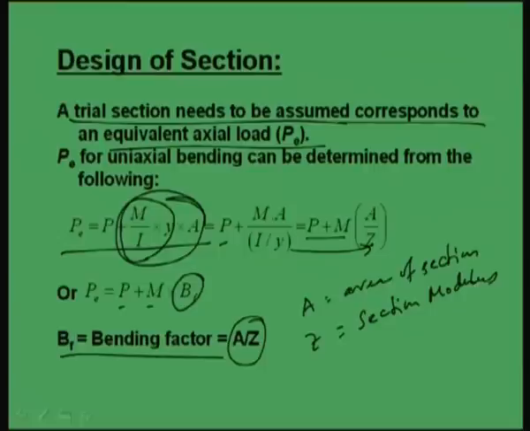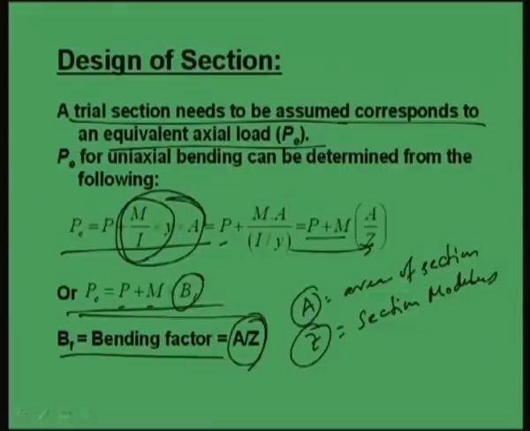Okay. So if we know the member properties, if we know the particular section, then we know A by Z, then we can find out the equivalent axial load due to axial tension and due to moment. So in this way we can find out. Now this is for the uniaxial moment. Now in case of biaxial moment, what will happen?